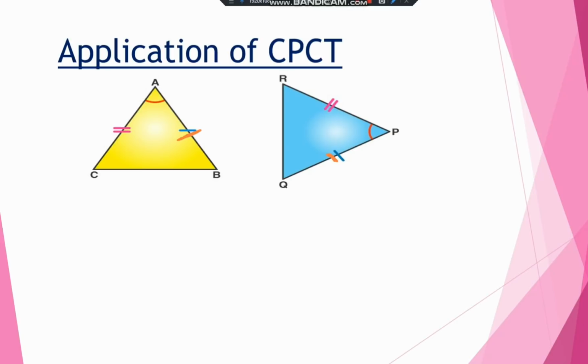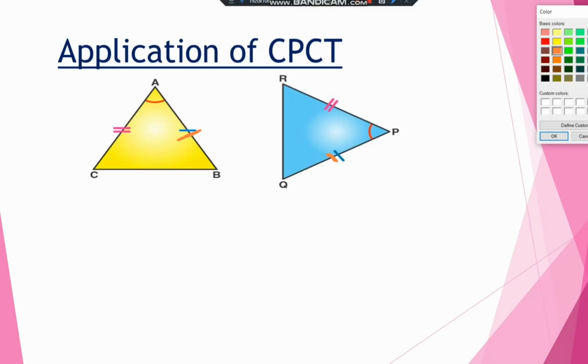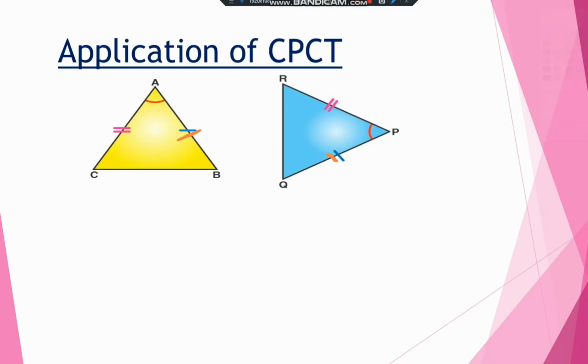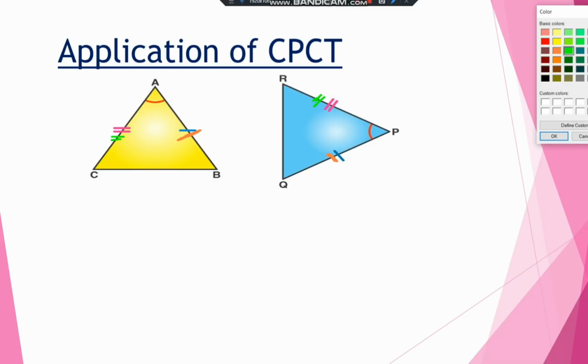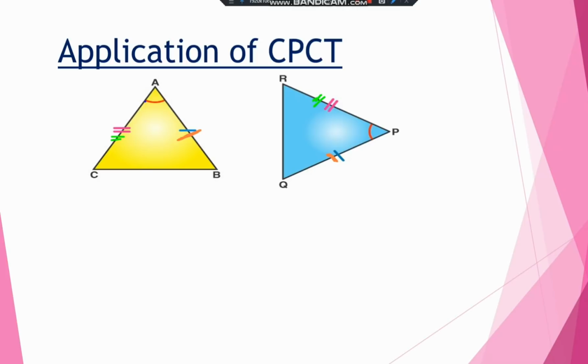Then side AC is given equal to side PR. So these two sides are given equal, and the third thing which is given equal is the angle. Here angle A is given equal to angle P.